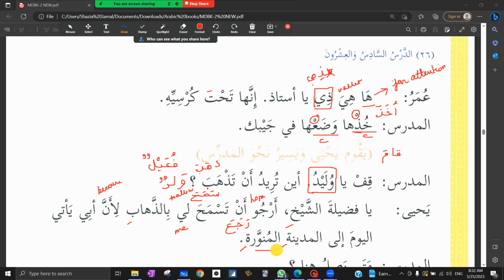This is the specific city of Sallallahu Alaihi Wasallam. Madinata means city and Munawwara means lightened. It comes from nawara. Nawara means light and nawwara is lightened, and munawwara is the thing which is lightened, so the bright or the lightened city. So this is the adjective we use for the particular Medina city of Sallallahu Alaihi Wasallam.